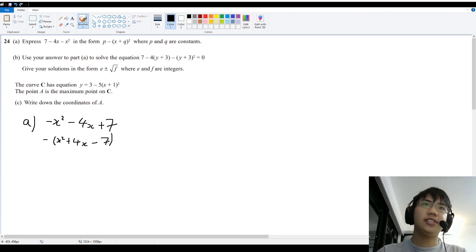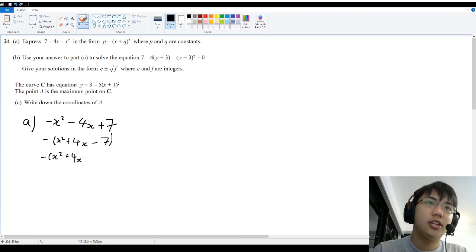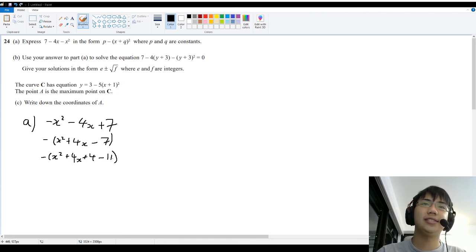So using this, we can complete the square for this equation. So you have negative x squared plus 4x plus 4 minus, well, 7 plus 4, that's minus 11. So x squared plus 4x plus 4 minus 11, that's the equation with the square completed.